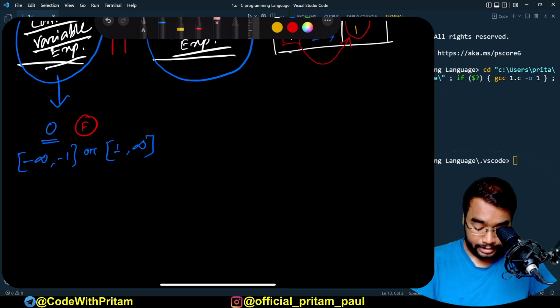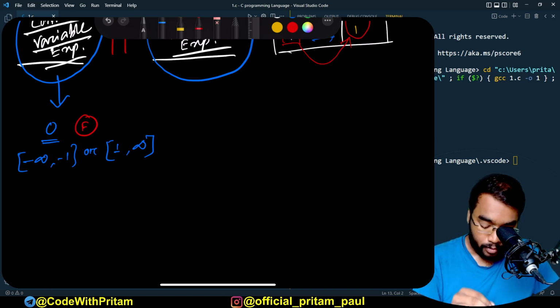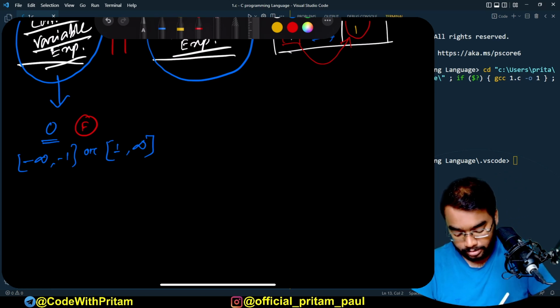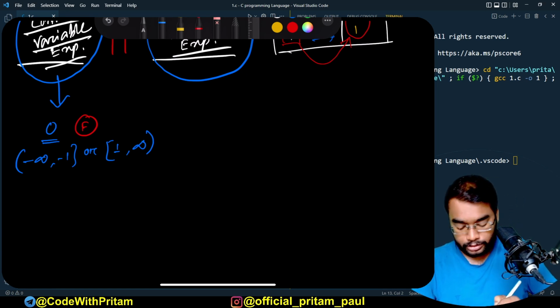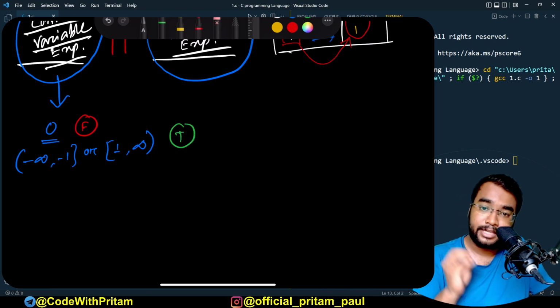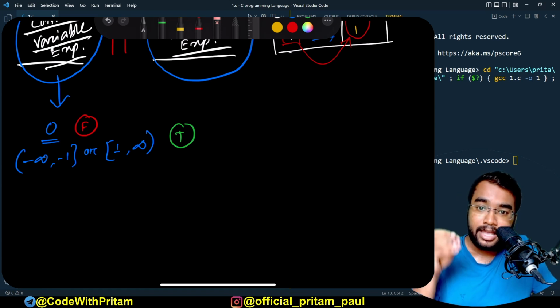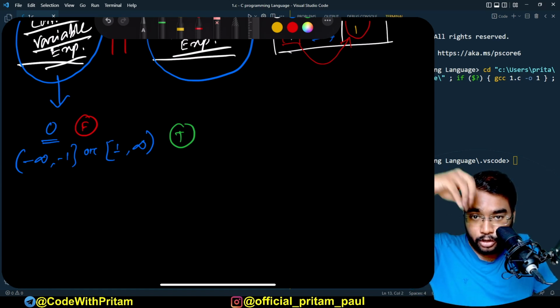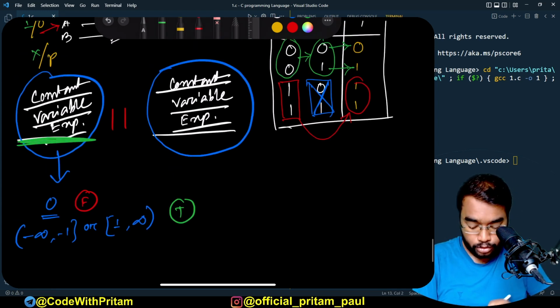Minus infinity to minus 1 is a closed interval, obviously including both ends, and 1 to infinity; I could modify this as well as open series. So this could be a true value. In one line: any non-zero value is a true value. If any constant is a non-zero value, you can consider it true.